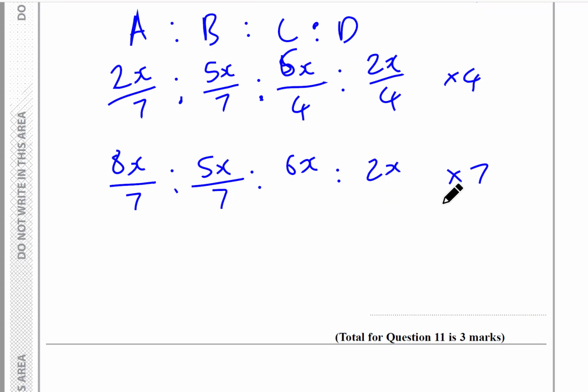But let's remember, actually, let's get rid of the x's at the same time. We'll divide out by x as well, so we'll get rid of all the x's. So times by 7, we're going to get 8 to 5 to 42 to 14.